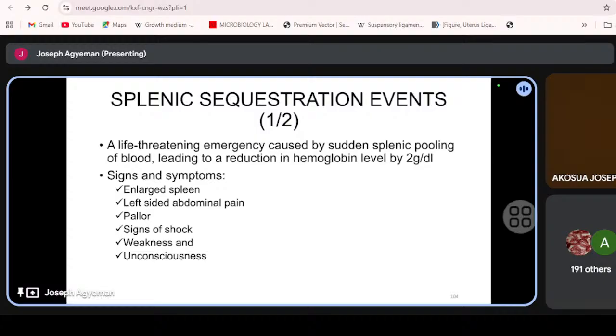Now, let's look at the chronic management. What we have discussed so far are the acute issues. But chronically, how do we manage these individuals, SCD individuals?